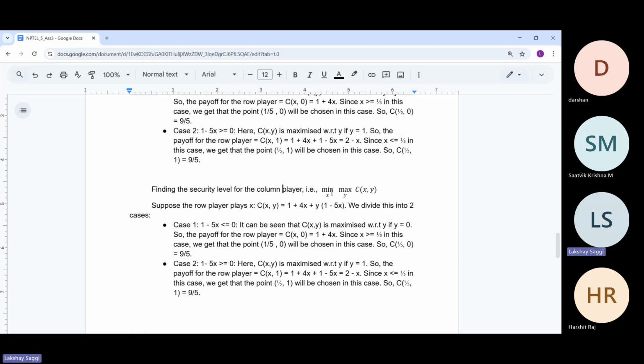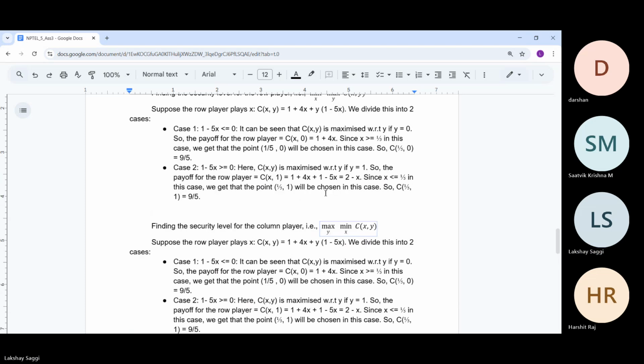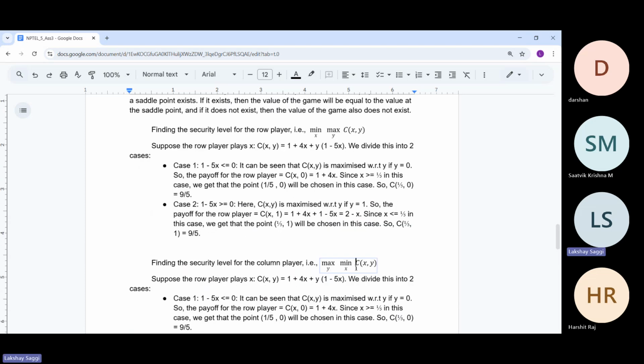So for the column player, what we want is this to be the min over x, and here we want it to be the max over y, of c x y. This is for the column player, right?